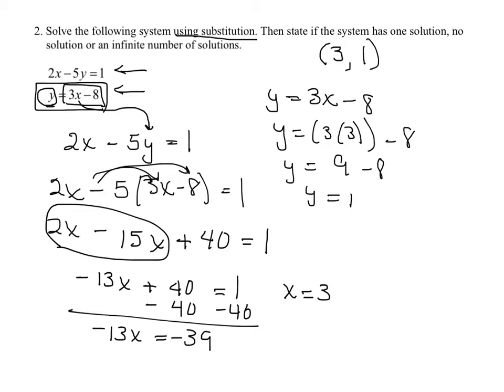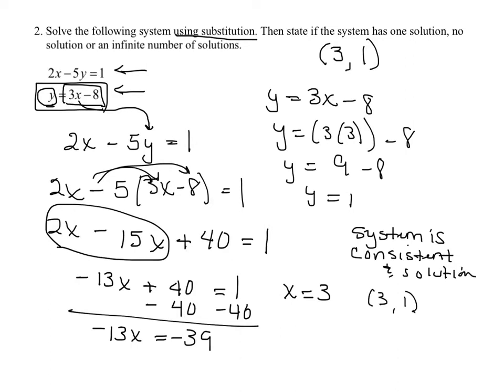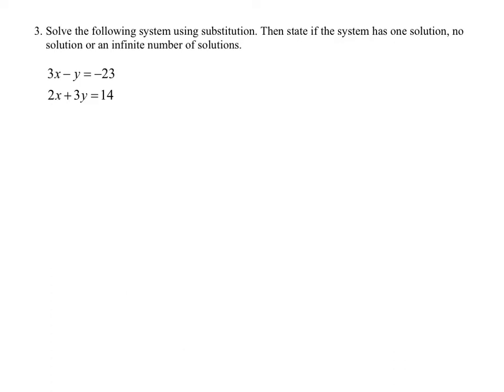So this system has one solution. Remember, when a system has one solution, the system is called consistent. So the system is consistent. And the solution is 3, 1.